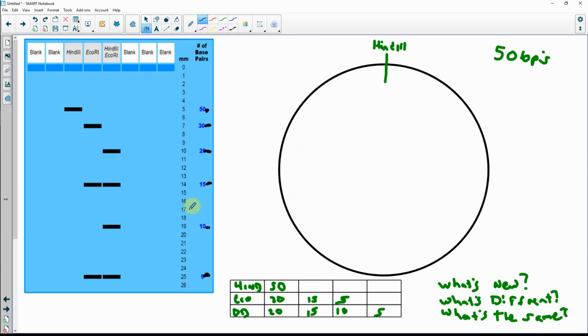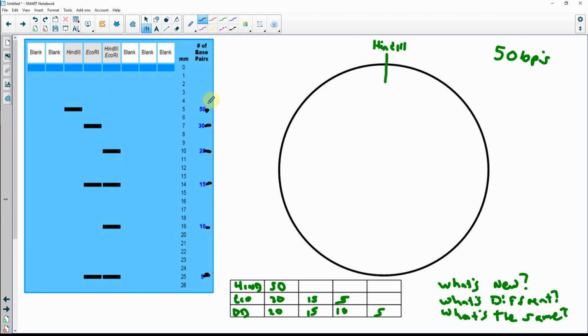The best way to do it is to make a table and look at your gel. I know HindIII in this DNA cut once because I only have one band on the entire gel. So HindIII cut once, and that made this piece of DNA open up. The circle became a line, basically.